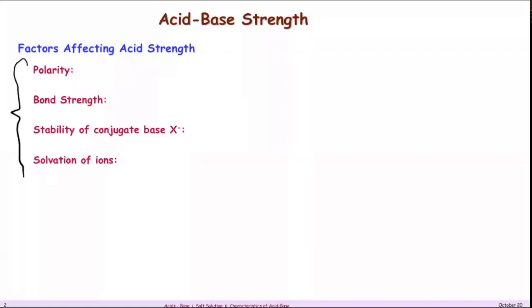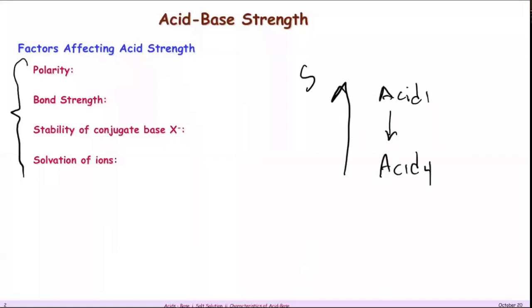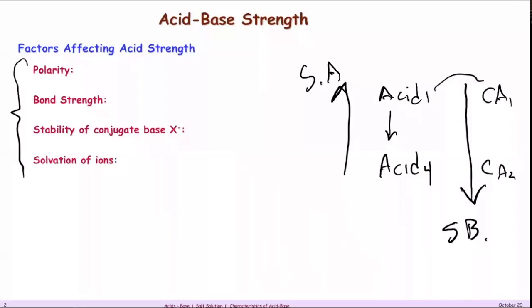So remember that if this is our line of strong acid, let's say this is acid 1, this is acid 4, and we say that this is the strong acid trend, then their conjugates are going to be opposite. Conjugate acid 1, conjugate acid 2, then the base strength is going to be at the bottom.